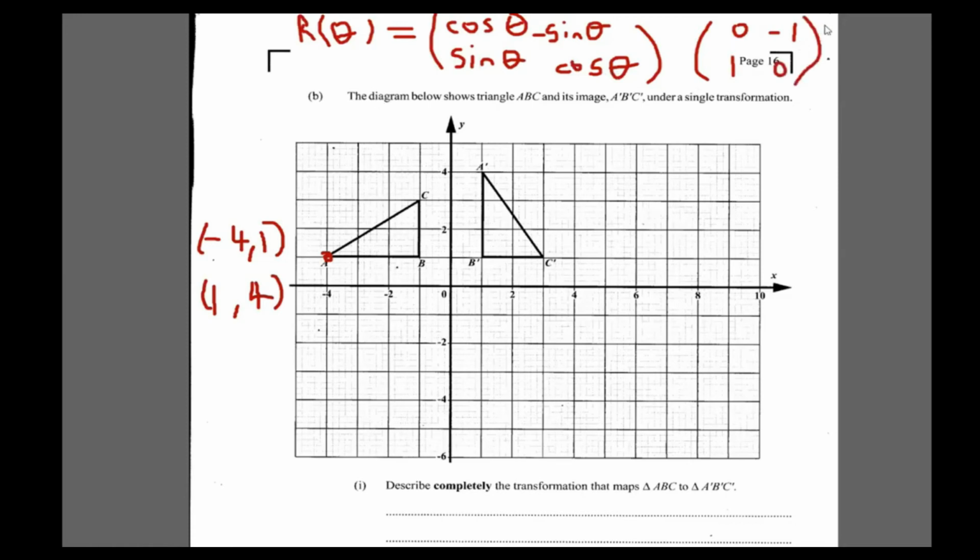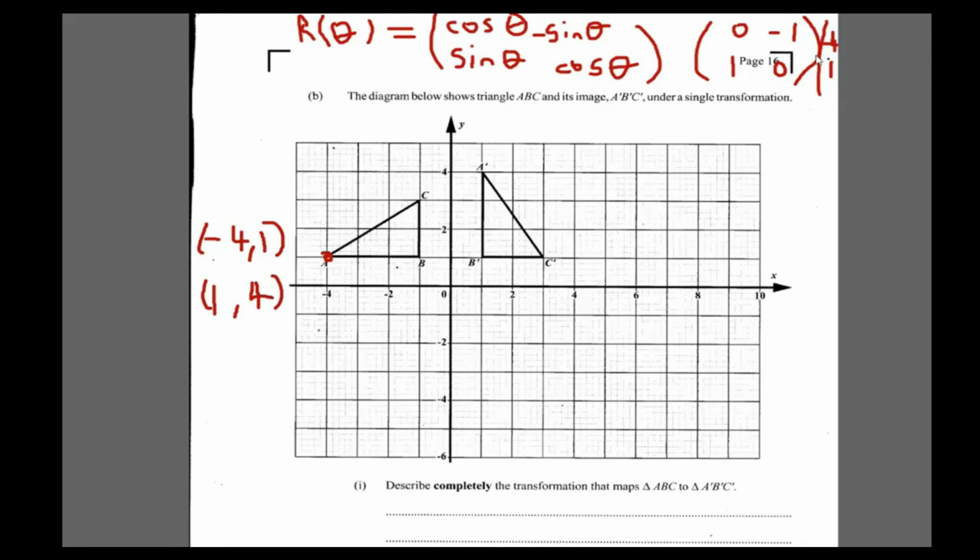If you multiply -4, 1 times this, you're going to get 0 times -4 is 0, -1 times 1 is -1. Now it's not -1, it's +1.